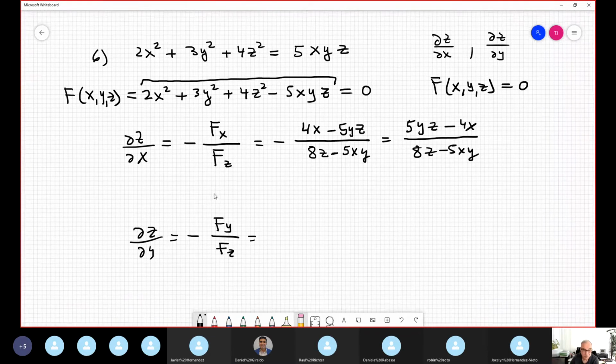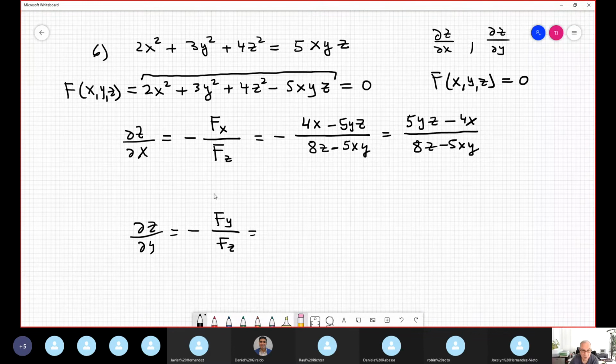Okay, let's do the second. The second is minus, and you differentiate, the partial derivative with respect to y. This is 0, this is 6y. Minus 5xz, because in this case you consider xz a constant and y is the only variable, and the derivative of y with respect to y is 1, okay.